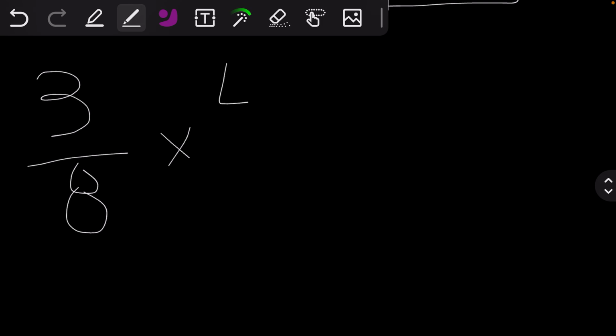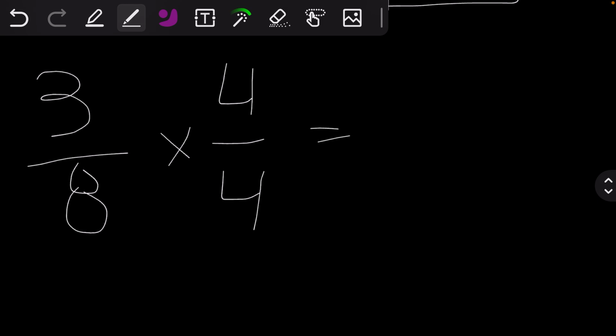Let's end with one more example. Let's do 3 over 8. Let's find a fraction that is equivalent to 3 over 8. Let's scale this one by a factor of 4.